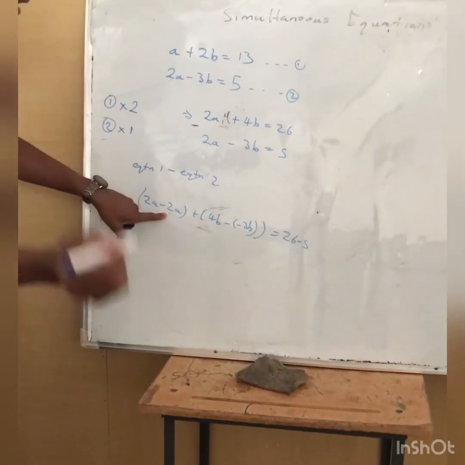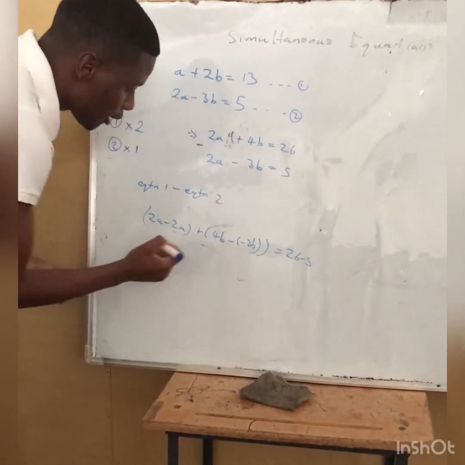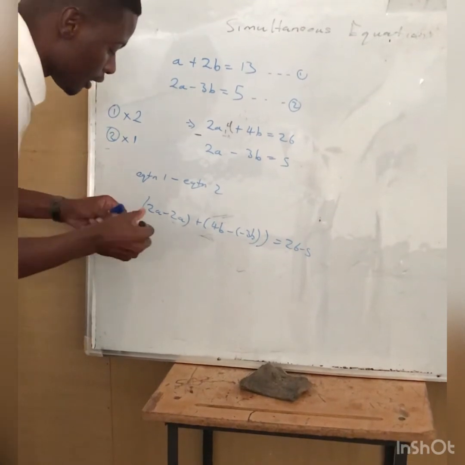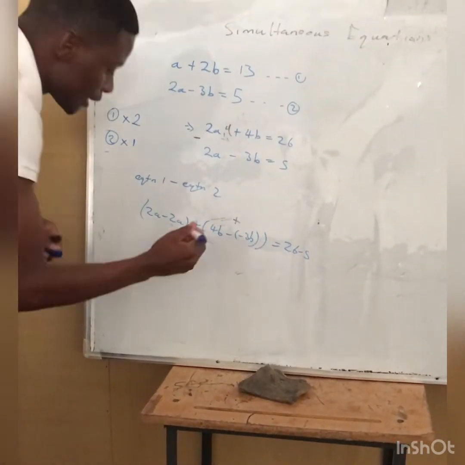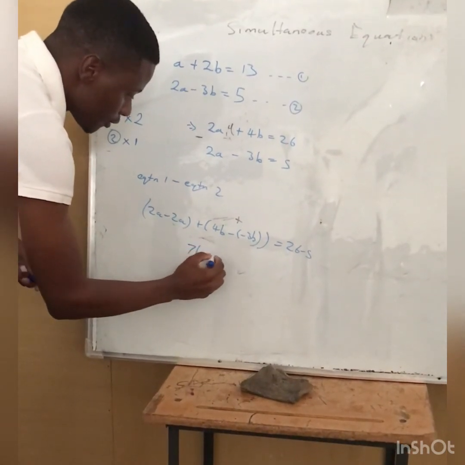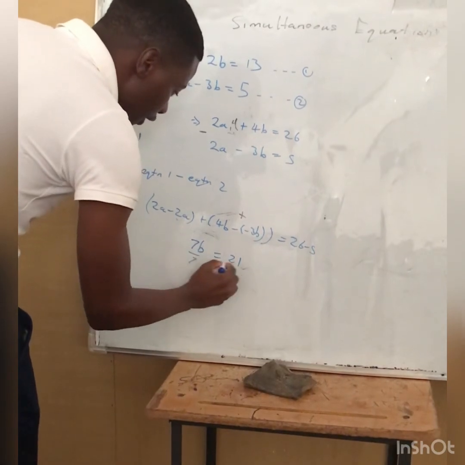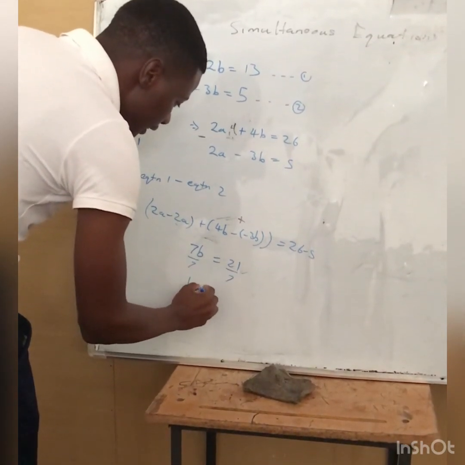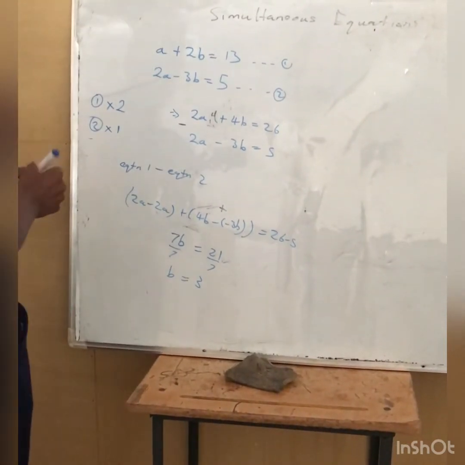That's why it's called the elimination method. 4b minus minus 3b, this becomes a positive. Therefore, 4b plus 3b, that's 7b. And 26 minus 5, that's 21. Therefore, my value for b is simply 3.